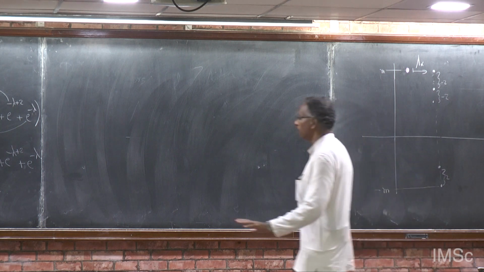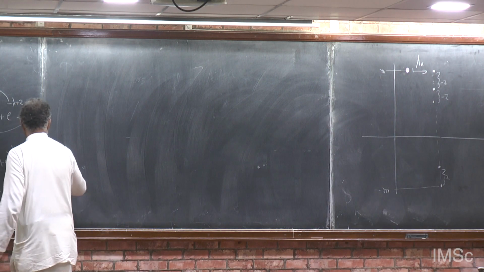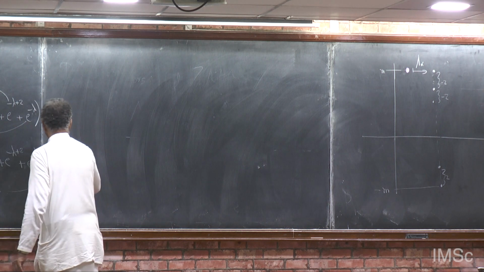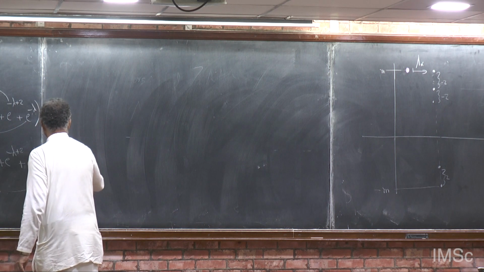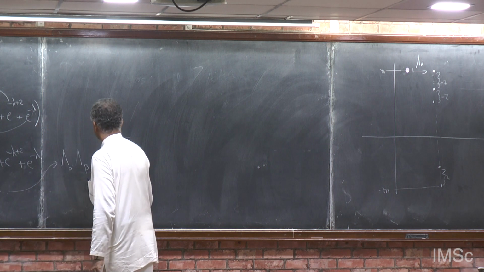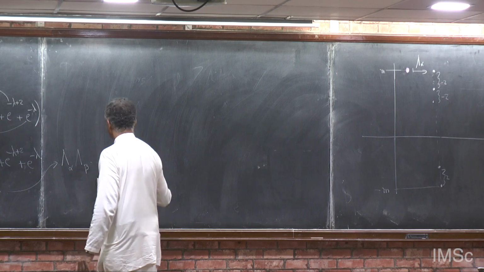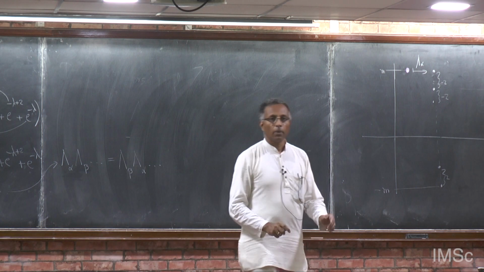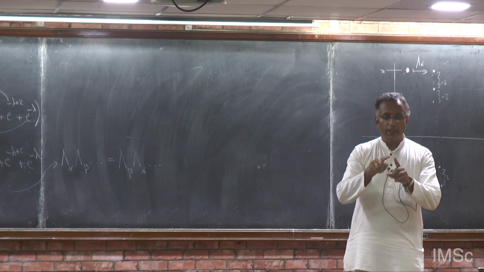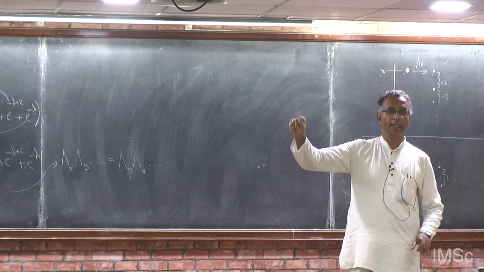So what Vishwanath is suggesting is, when we say this, we should think of it in this form. The braid relation may look like S alpha S beta to the power 3 is equal to identity.